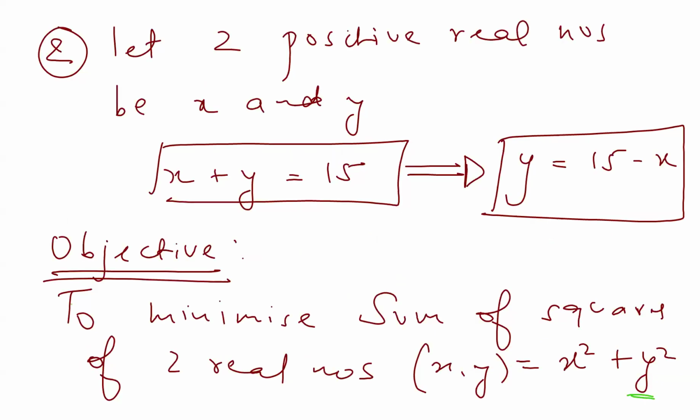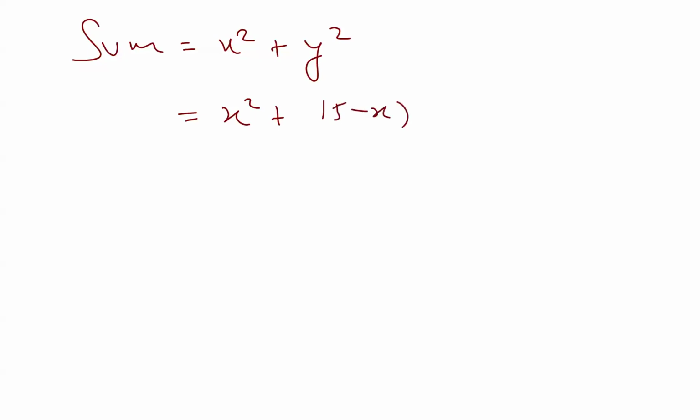So x square plus 15 minus x the whole square. This becomes f of x. Now you have a choice to open the brackets over here and simplify or directly differentiate it. Both the things work.